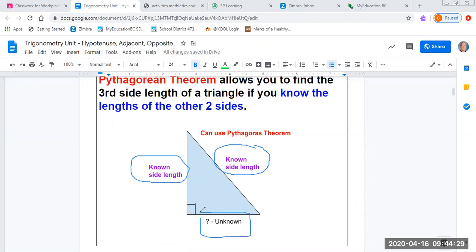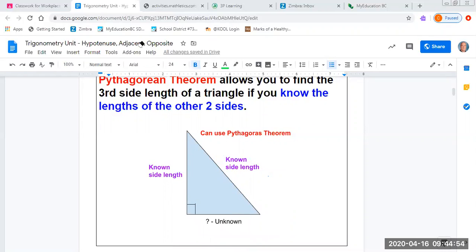So what we don't know can always be solved for using Pythagoras' theorem as long as we have two side lengths. And it doesn't matter which two side lengths. It could have been this side length and this side length, but as long as we know two side lengths, then we can always find the other missing one. So that's Pythagoras' theorem, and it worked quite well, and we looked through that the last couple of lessons.